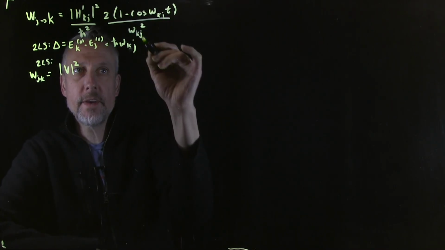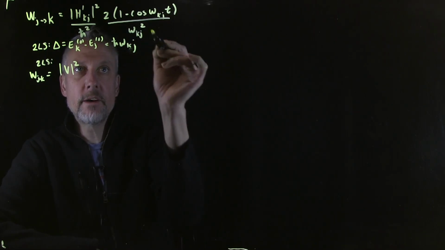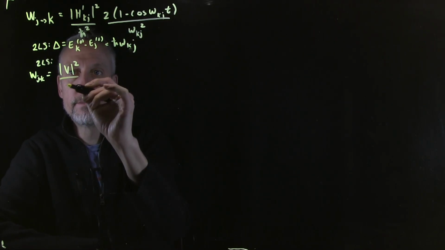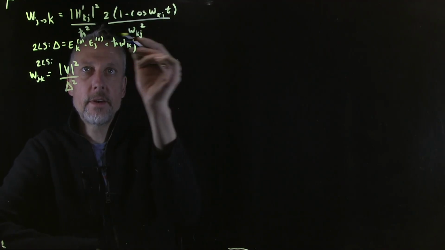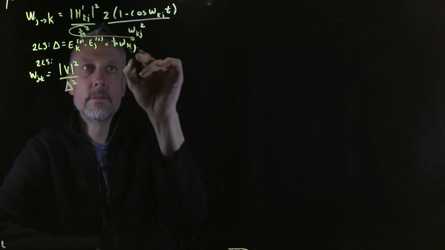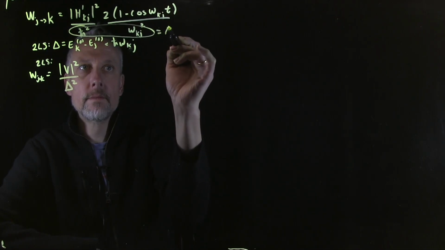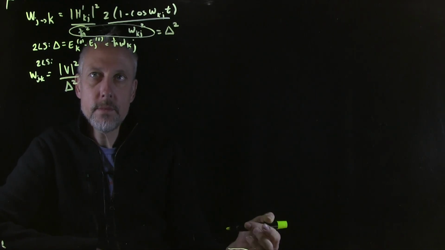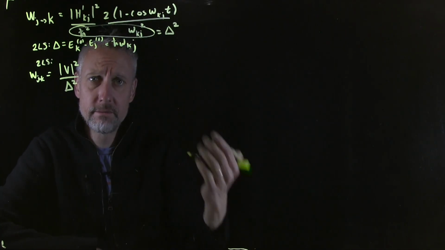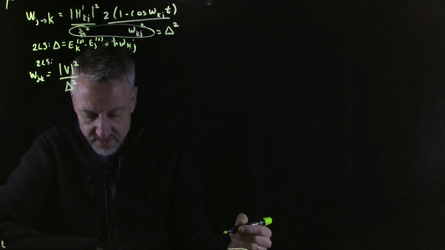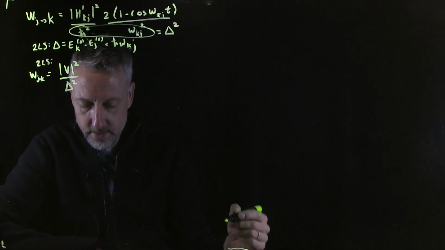So if we square everything, the denominator of this is just delta squared, right? Because that's this here. Delta was just the energy gap between the two levels. We don't even know which one's greater. We don't know which energy level is higher. So it doesn't actually matter that much, does it?